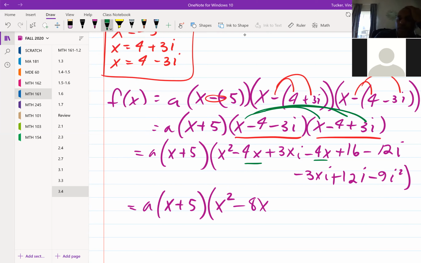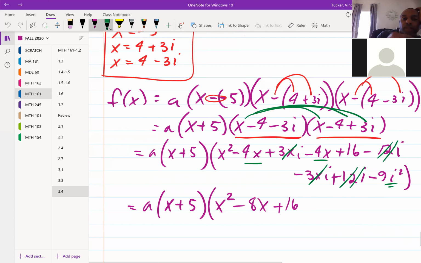Then we have positive 3xi, -3xi, plus 12i, -12i. We have a plus 16, and then imaginary, well, i squared, I should say.